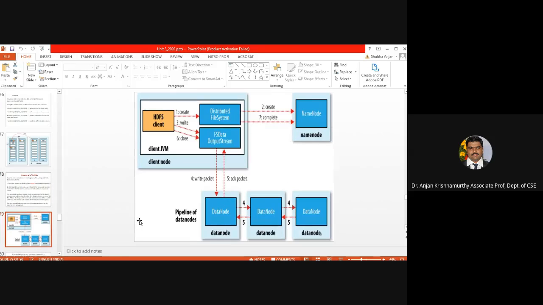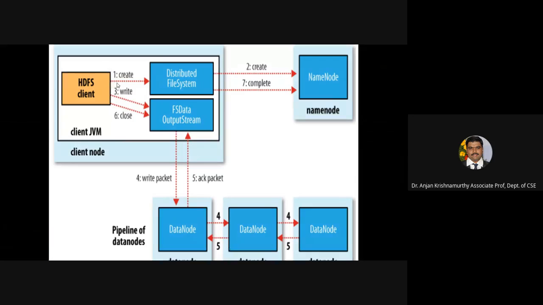Now here you can see the complete scenario of your example. The HDFS client initiates a create operation to the distributed file system. This create request is passed to the name node, where the name node does verification against the namespace, whether the same file exists or not. After this is done, the name node returns an object called FS data output stream.